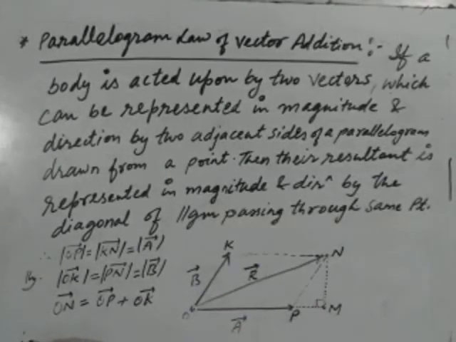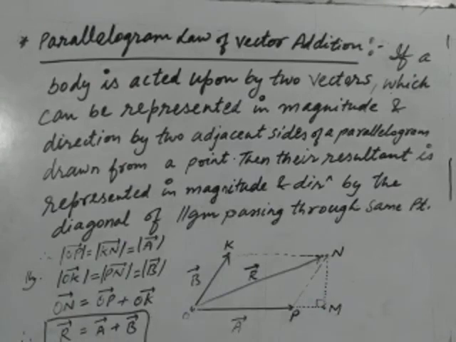Therefore, R vector equal to A vector plus B vector. So we can write down the resultant in vector form as a sum of A vector and B vector.